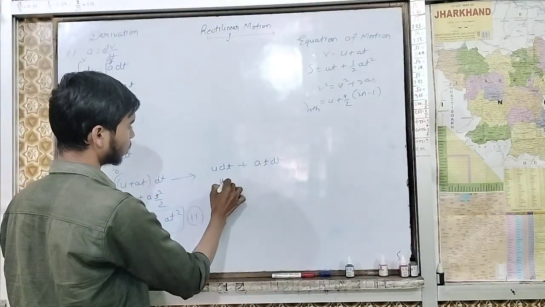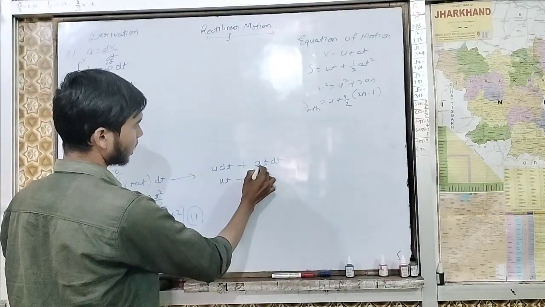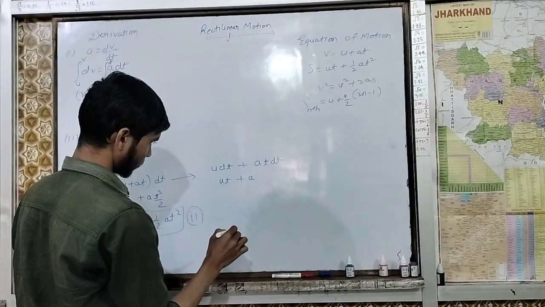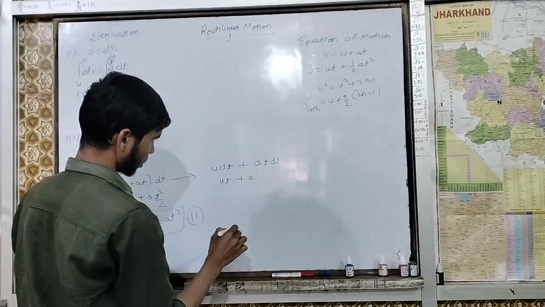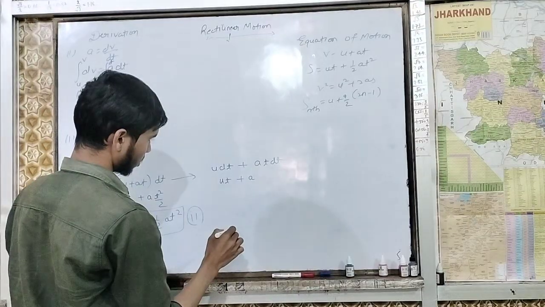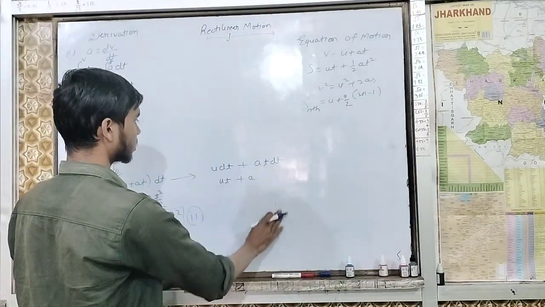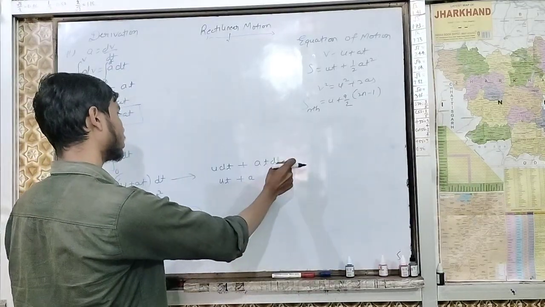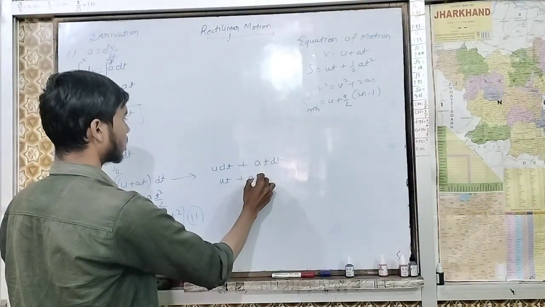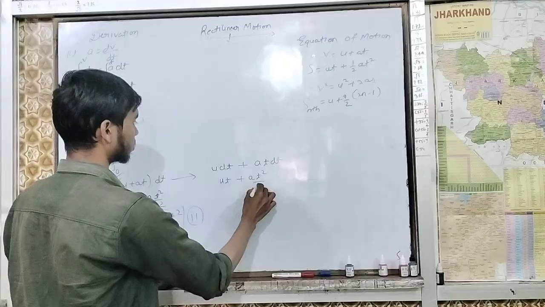Integration of u dt will be ut, plus a, and integration of t with respect to dt will become t square upon 2.